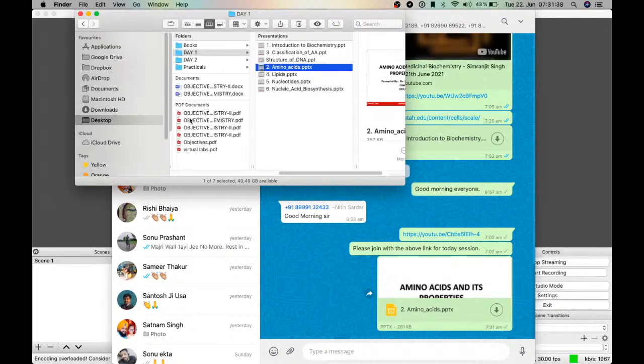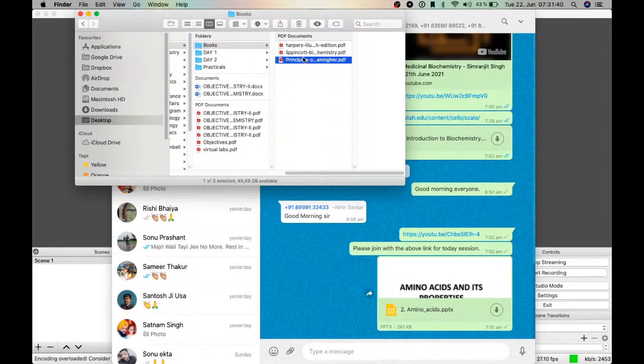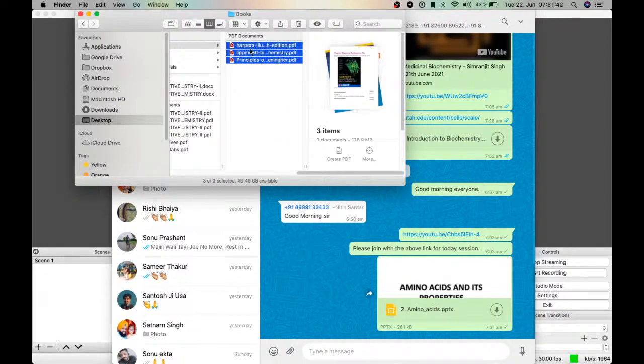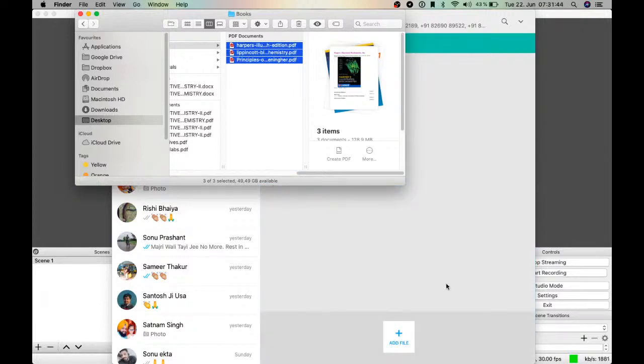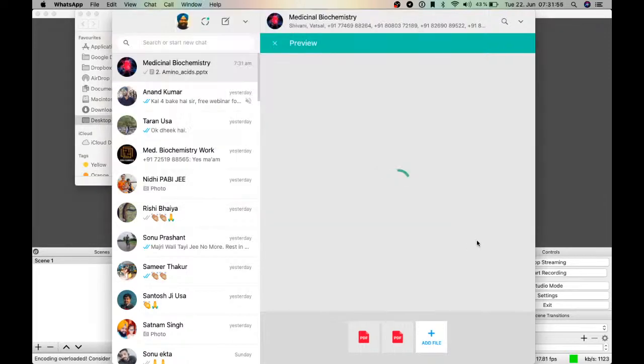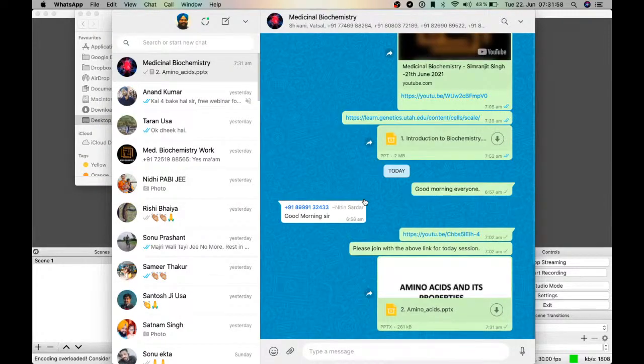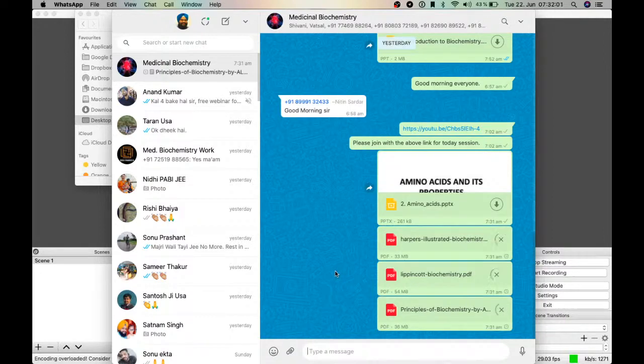I have many biochemistry books, so they will be helpful. One is Harper, one is Lippincott, and one is Lehninger. Lippincott is for the medicinal perspective, Harper is the basics, and Lehninger is more advanced. All these three books have their own characteristics and importance, so use them wisely.